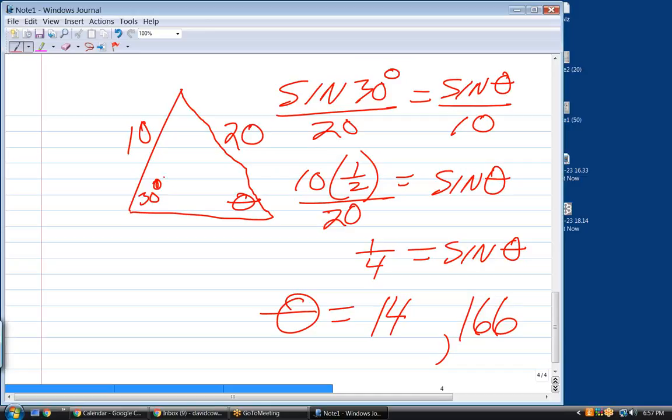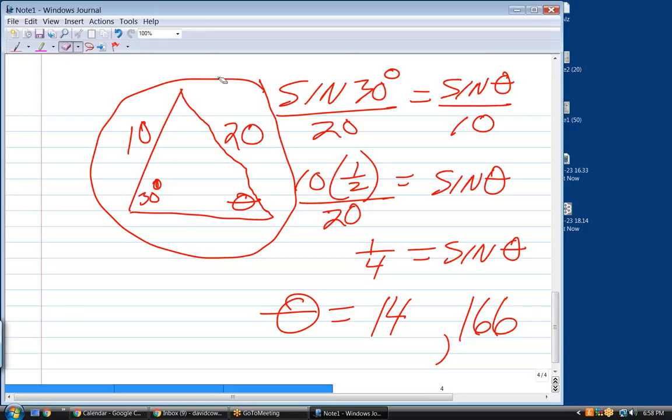In other words, if this angle is less than the sine of that ratio, and then 2 or 3 other rules. Okay? You don't need to memorize those rules. There's no need to know in advance whether you have the ambiguous case or not.